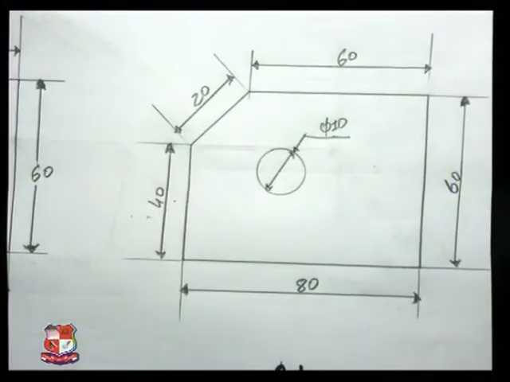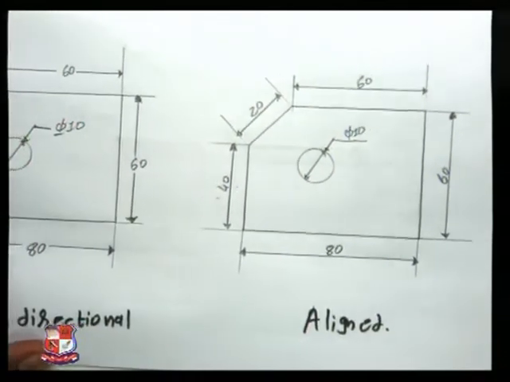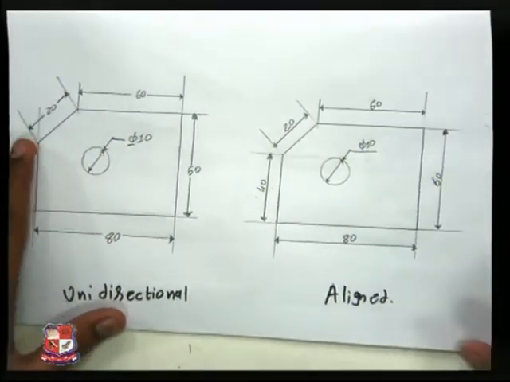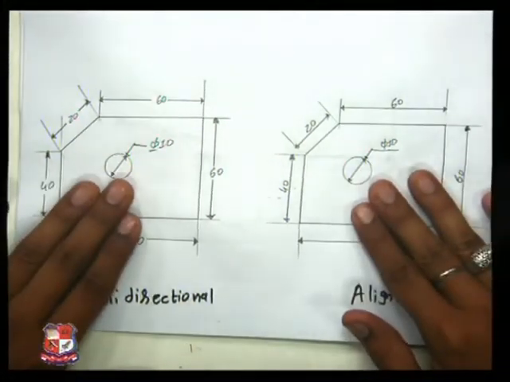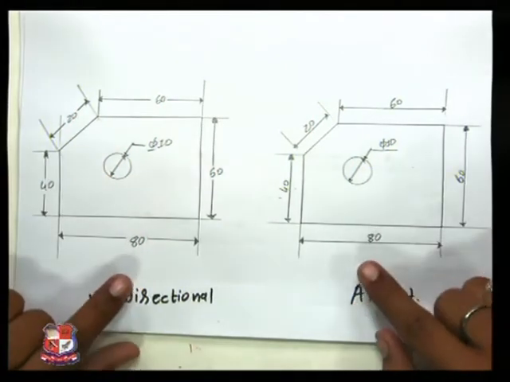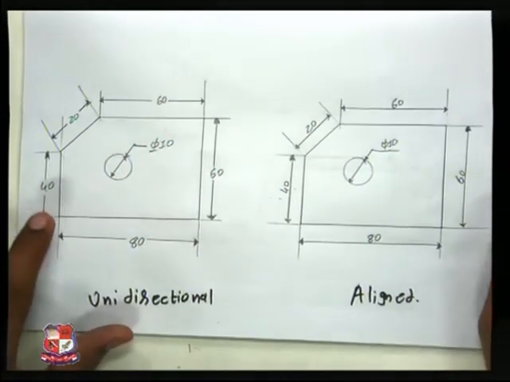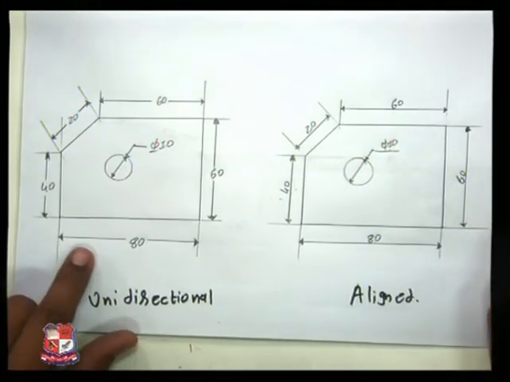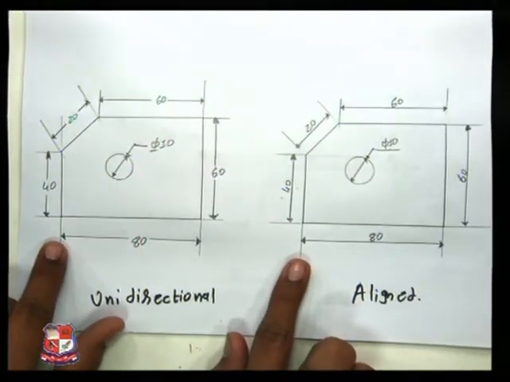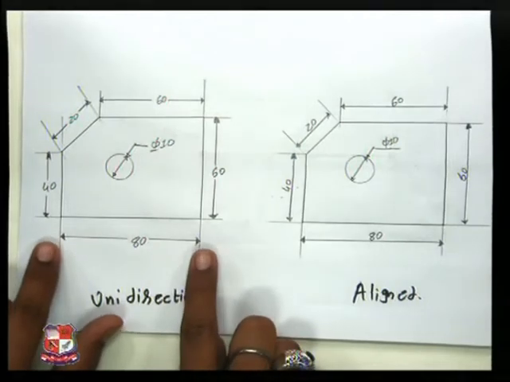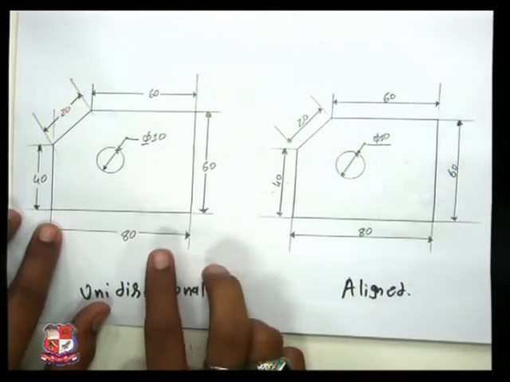Now we have got both the dimension systems individually. Now we'll compare. Now we have got both, the same reference sketch. We have got unidirectional system and we have got aligned system. Now let's see horizontal dimension. Both have extension line, both have closed filled arrow on both the sides. Difference comes here.